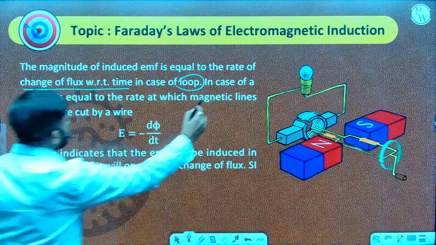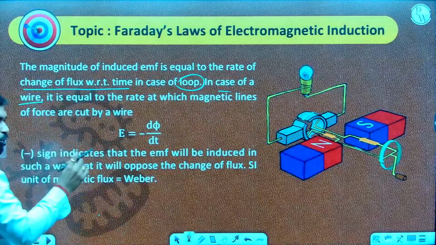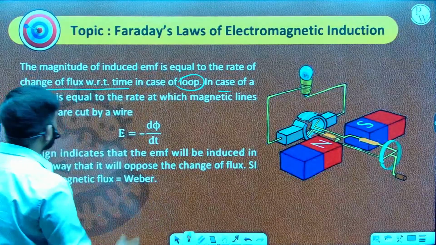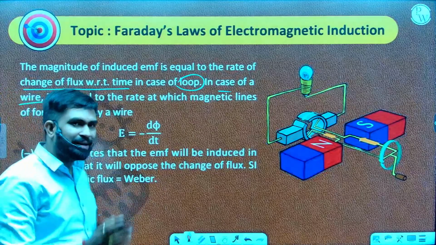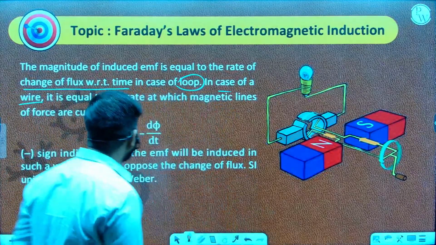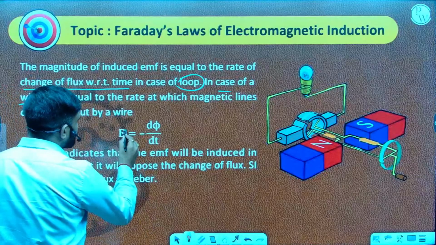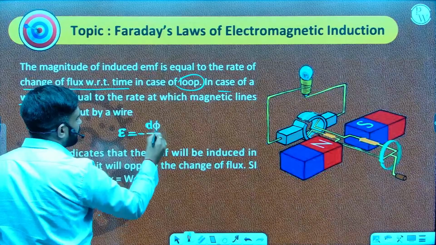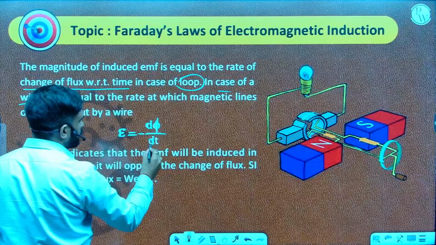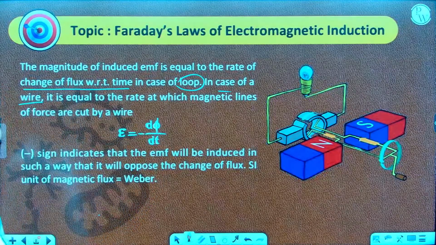Next case, in the case of a wire, it's not a loop, it's just a section of a wire, and it is the rate at which the magnetic field lines are crossing that wire. So the induced EMF here is equal to minus the rate of change of flux, d phi by dt.